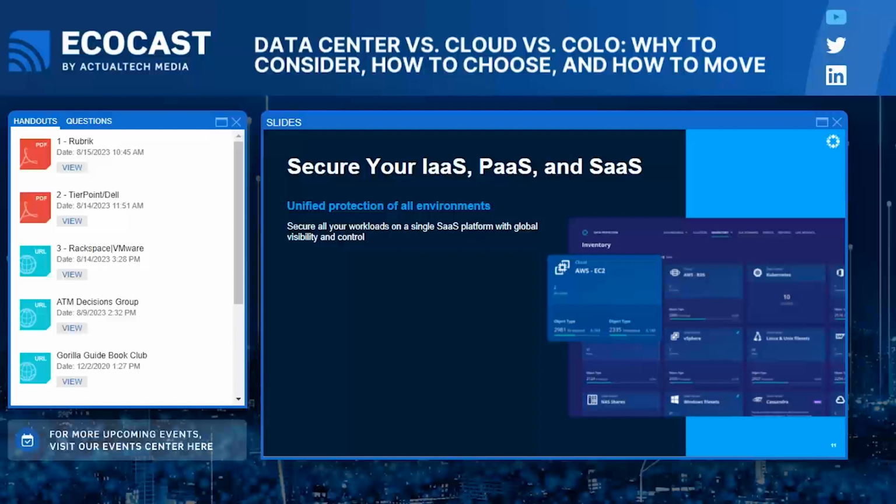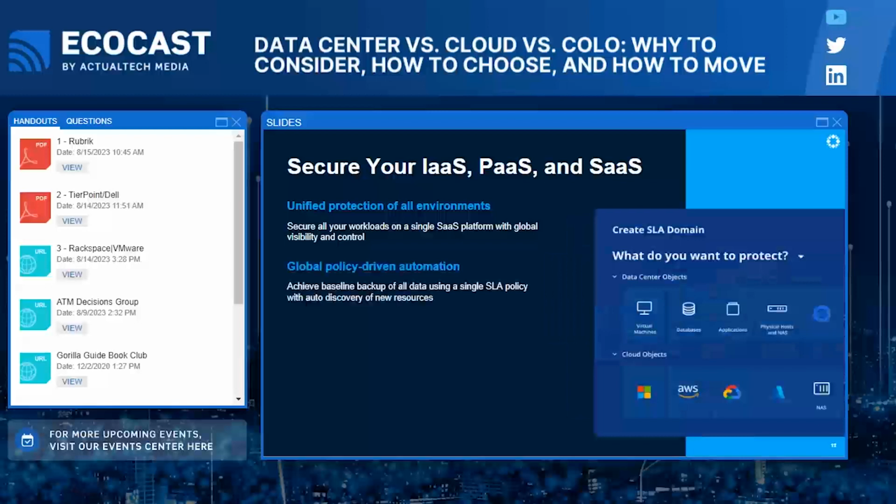So the ability to secure your IaaS, PaaS, and SaaS environments using a unified protection model in a single pane of glass through this inventory pane. You can see there are some cloud resources and data center resources that live here in this inventory. Being able to manage that with global visibility and control through a single pane of glass.